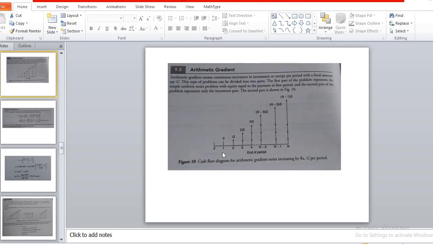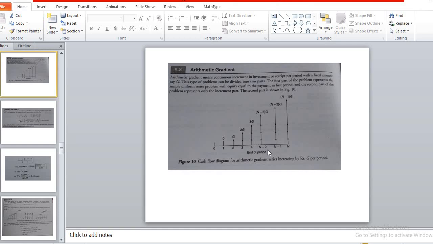So the first part is a uniform series of investment at each year. And the second part is some increment at each year, and that increment is of equal amount. So there are two parts.